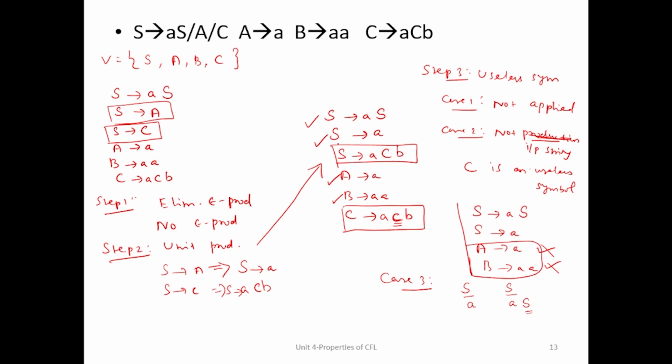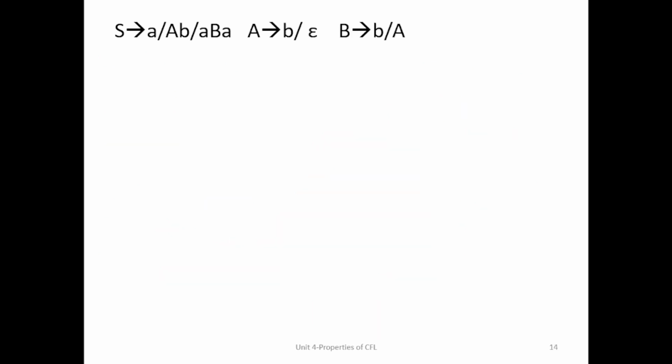After eliminating these useless symbols, the simplified CFG is S implies aS or S implies a.